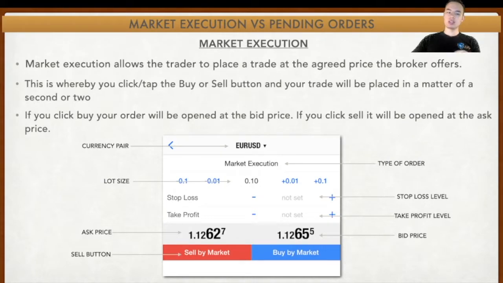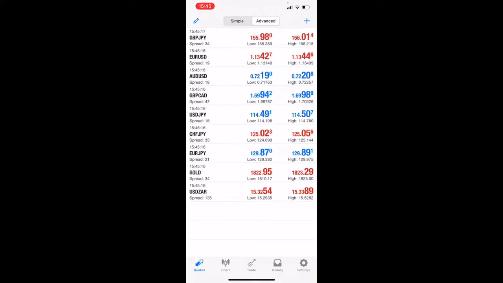Okay, because of the fluctuation and the spread and all of that kind of stuff, it might just be a bit above or below the 1.12627, but it will open instantly. Okay, if you click the buy button, right, you're purchasing Euro USD at 1.12655. Right, that is market execution.